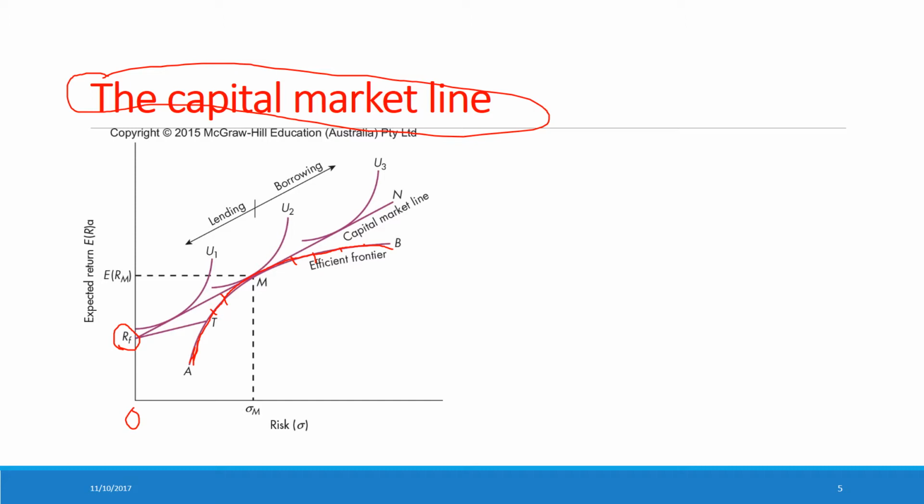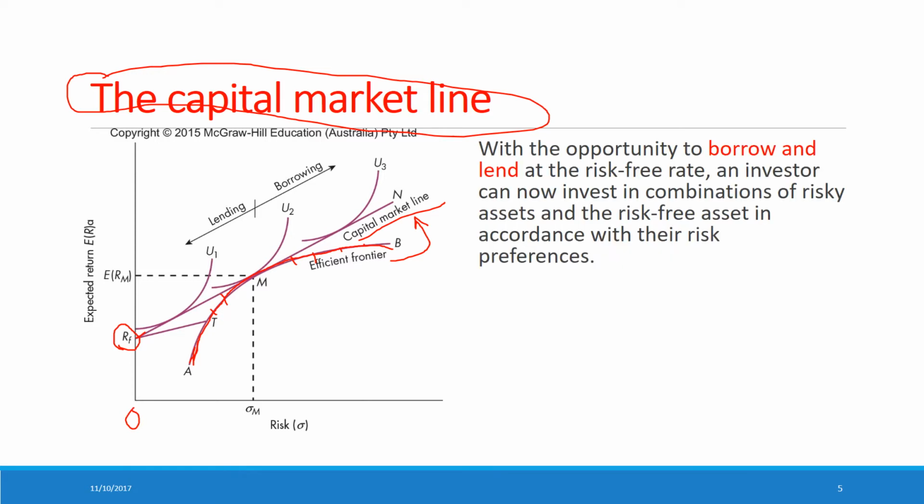With a risk-free asset, when we introduce a risk-free asset into our portfolio, the efficient frontier would now become the capital market line, right? So the capital market line is an extension of the efficient frontier if we have a risk-free asset. With the opportunity to borrow and lend at the risk-free rate, we could either be investing in the risk-free asset, or we could be issuing the risk-free asset to borrow to leverage our portfolio.